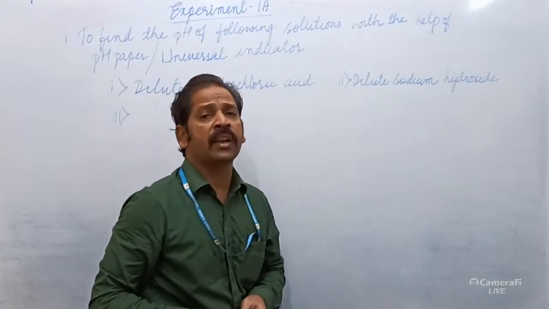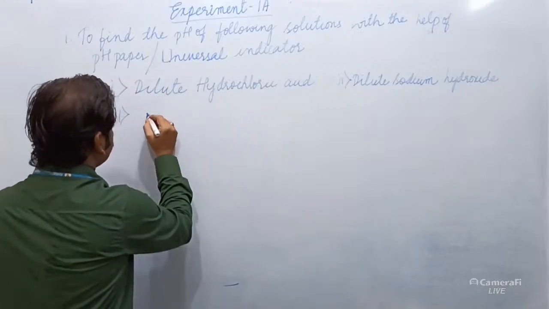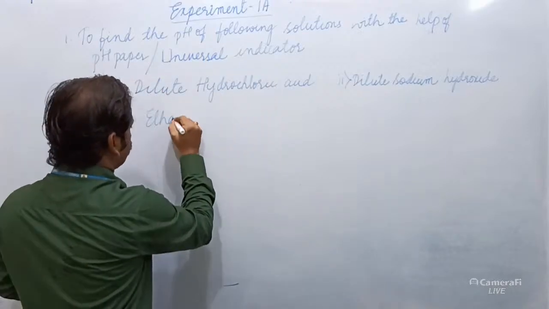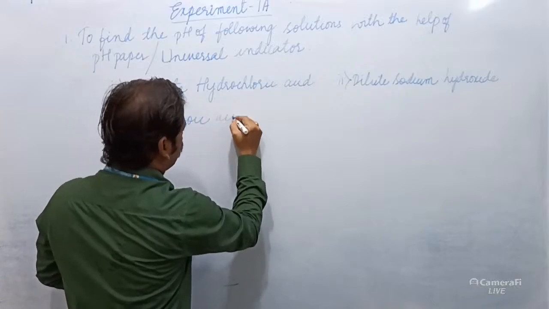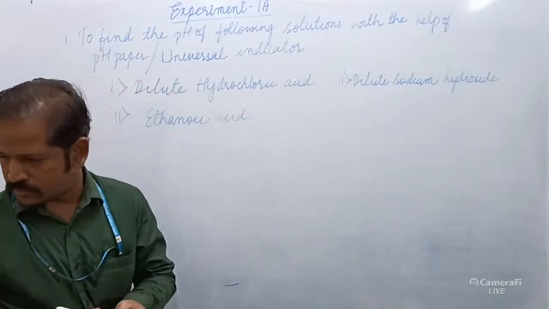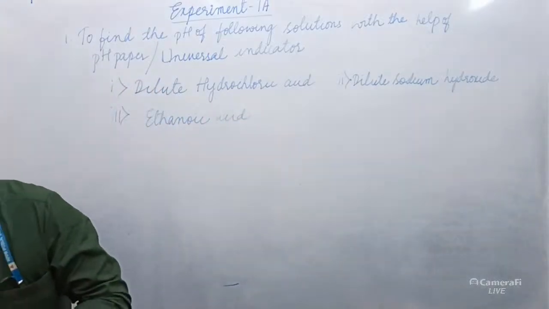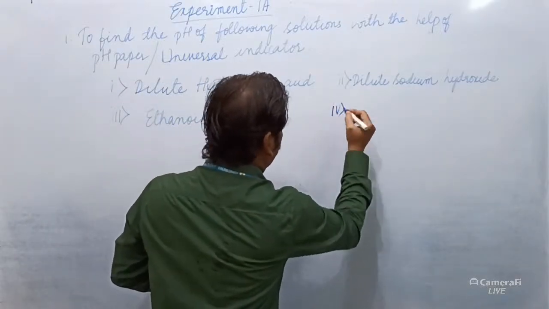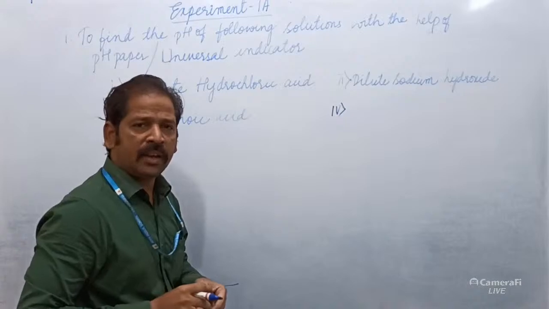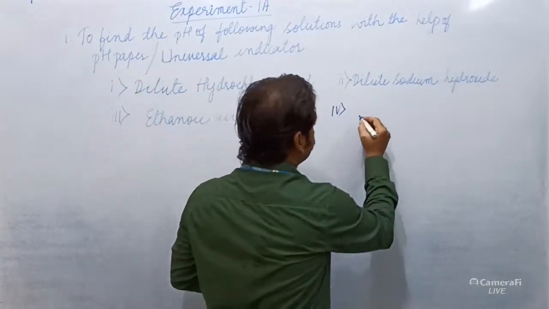It is also called ethanoic acid. The fourth chemical is water.